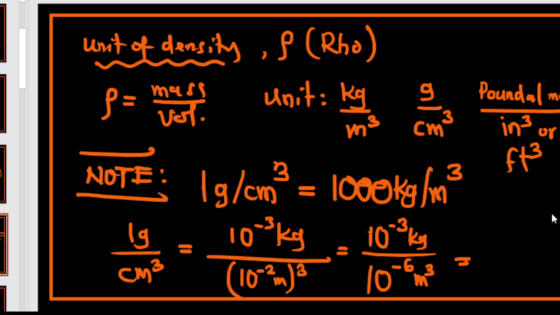To give us 10 raised to the power of what? Thank you very much. So that gives you 10 raised to the power of 3 kilogram per meter cube. So this is a testament that 1 gram per cm cube is equal to 1000 kilogram per meter cube.